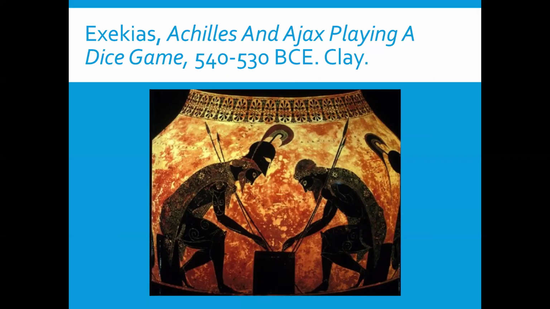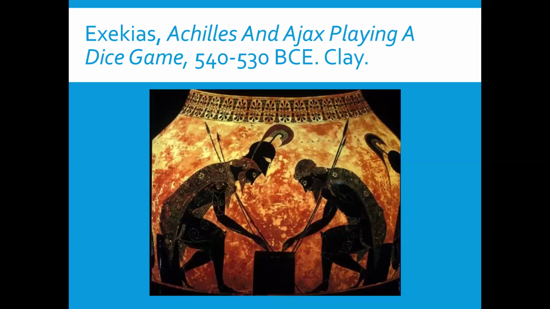And the people who create the vases and the paintings become famous for their designs and skills. So we start seeing signed artworks. So Exekias made this vase, and he was the finest vase painter, or I should say, painted this vase.